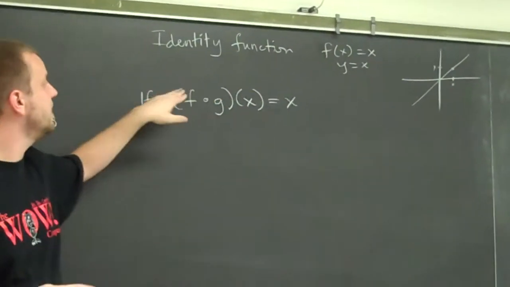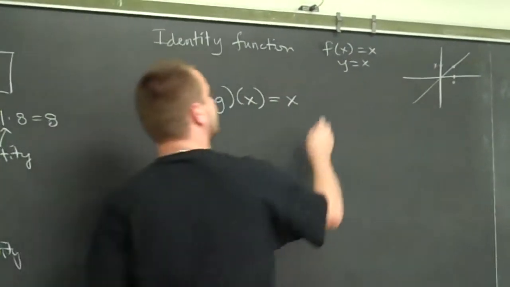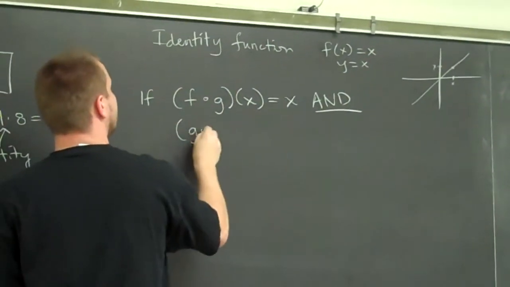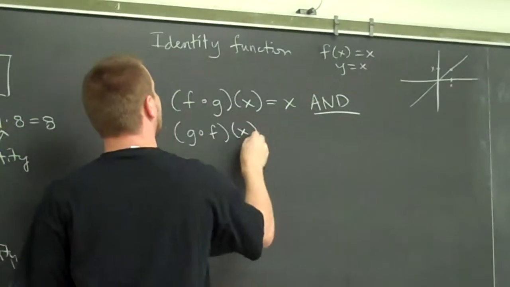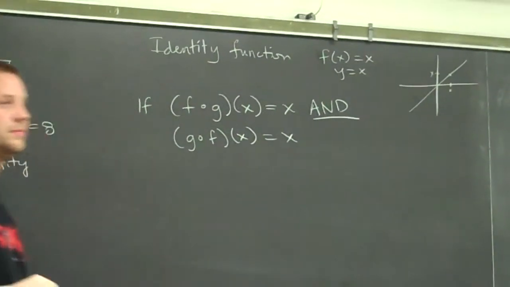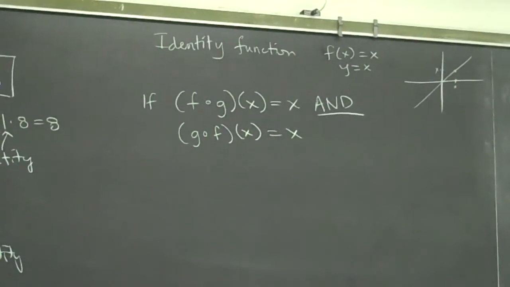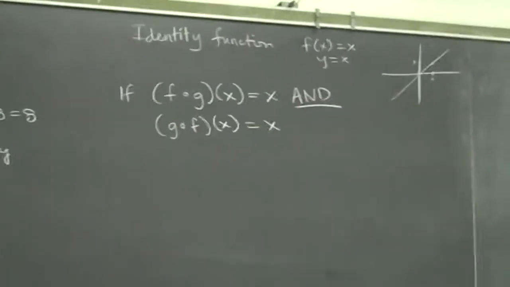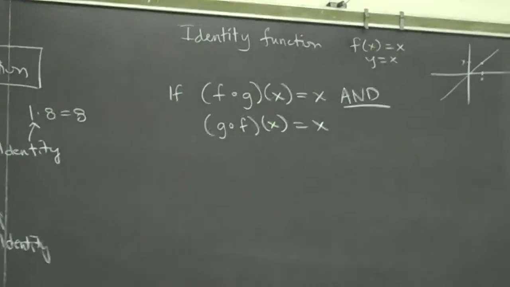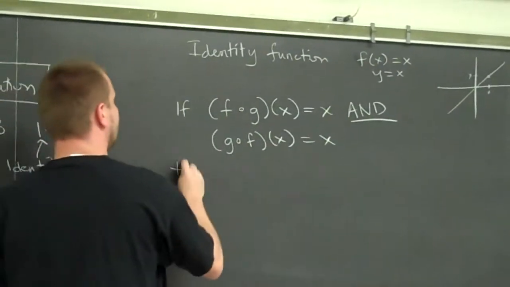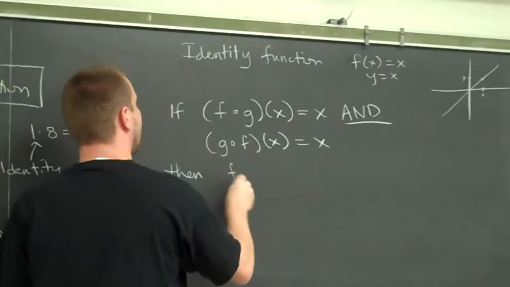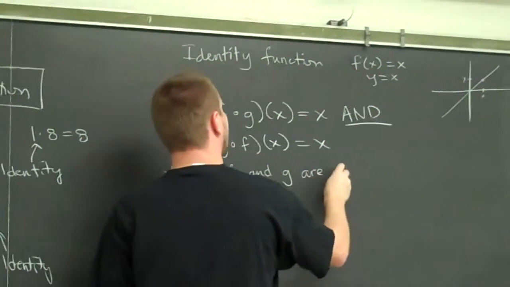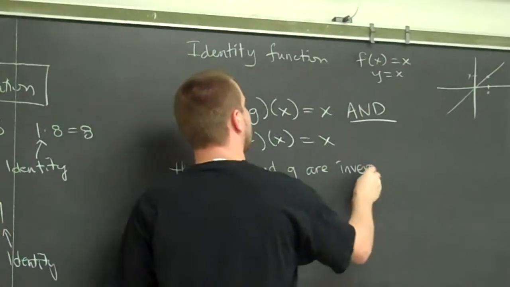So what has to happen is this has to be true, and that has to be true. If the composition in both directions gives me the identity function x, then f and g are inverse.